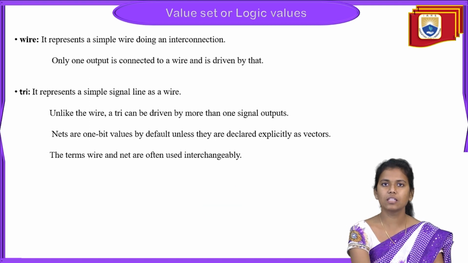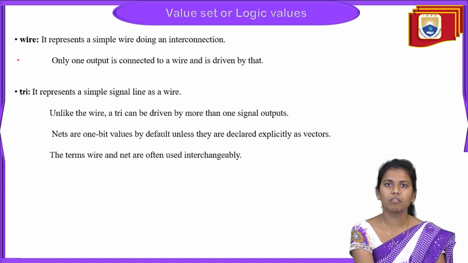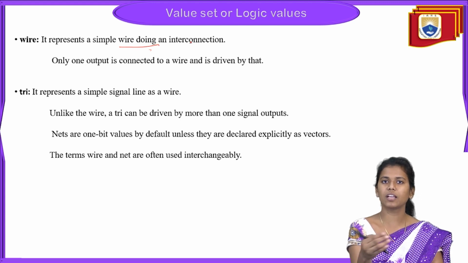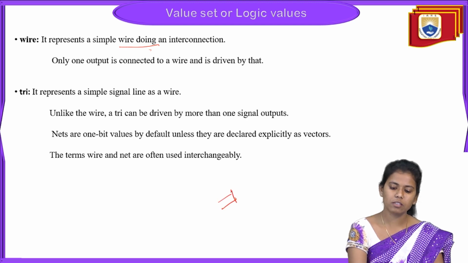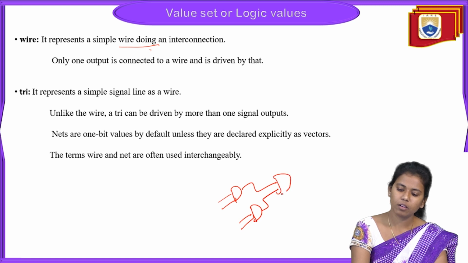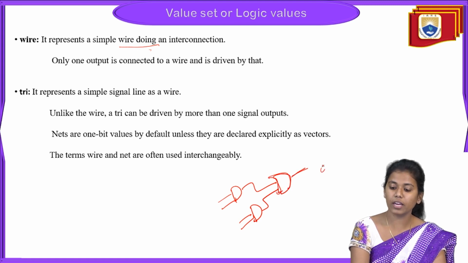And in this value set, we observe wire. What is this wire? It represents a simple wire doing an interconnection. Wire indicates the connection between blocks, or between gates. If you have 2 AND gates, using this wire you connect them to the OR gate, and that's how you get the output.